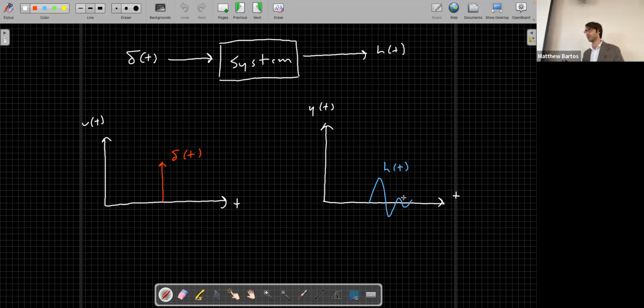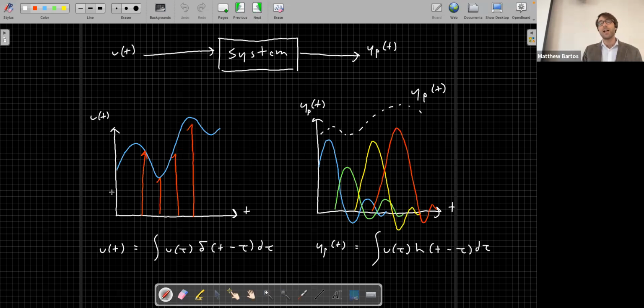And this will generally be in the form of some complex exponential, so a combination of exponential growth or decay and some set of sinusoidal response. Okay, so every system we can hit with an impulsive input, and that response is unique and is called the impulse response of the system.